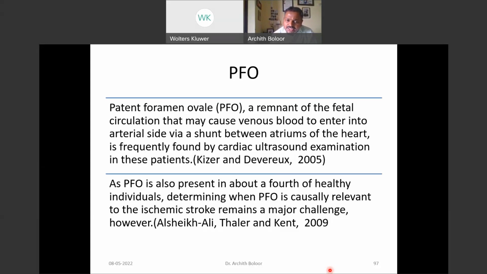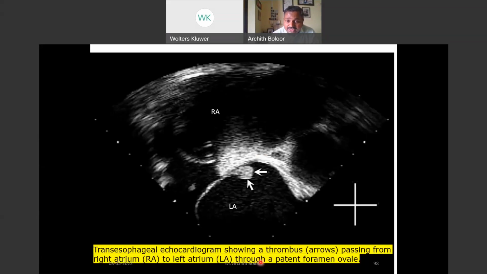And remember, the prevalence of PFO in adults is as high as 35%. So the chances of every third person in this world having a PFO is so high. So the chances of stroke is much higher with PFO. That's something which has come up and we have to be aware of.